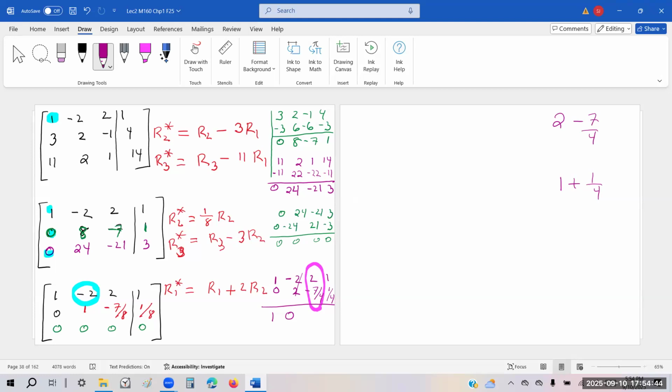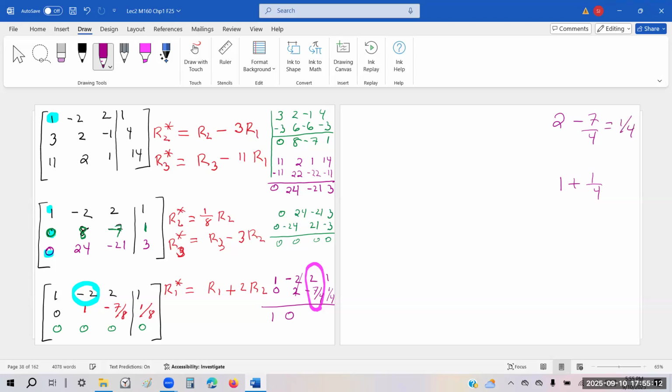There are 3 ways that we can do it. If you don't use a calculator, then you need the LCD. So take your LCD and then combine the numerators. If you want to do the shortcut, you don't need the LCD. You multiply 4 times 2 is 8. 8 minus 7 is 1. So this should be 1/4 without using a calculator.